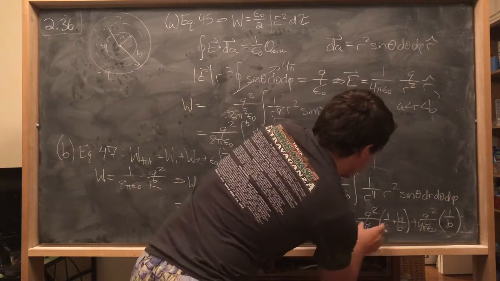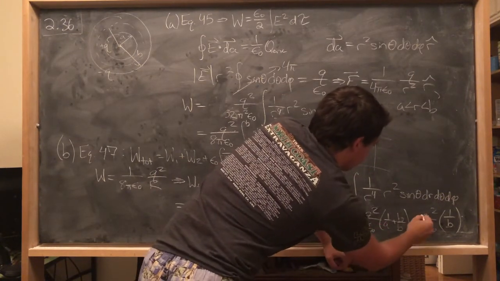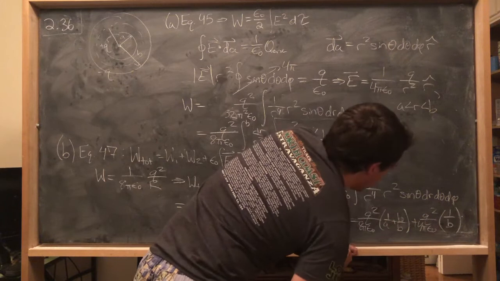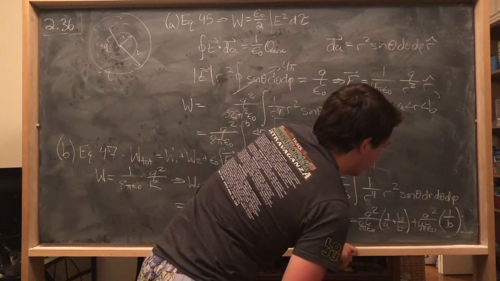But then we can see that we can get these outer terms to be the same if we just distribute a 2 into here and then turn this into 8 pi epsilon naught.